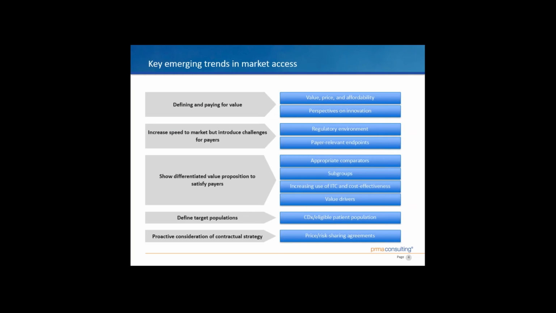As everybody on the call will be very familiar, the market access environment is becoming ever more challenging. This diagram illustrates some of the key emerging trends that we're seeing across many markets. This series of two webinars will focus more on the comparator subgroups and increasing ITC piece, as you can see halfway down on the right-hand side.